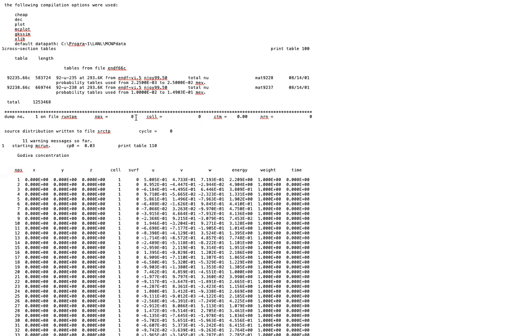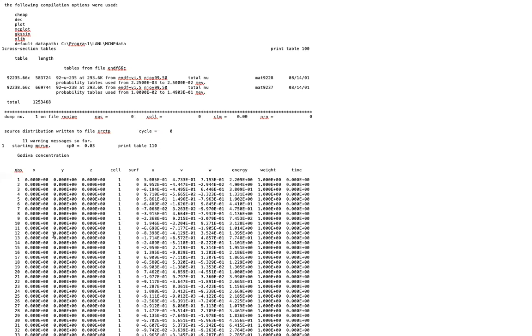The number of particles sampled is 0. So far, no collisions have taken place. The computer time used is 0. The number of random numbers generated to this point, 0. Source tape that will be written is SRCTP, and we're just about to start the simulation. And so far, you spent this much time running MCRUN.